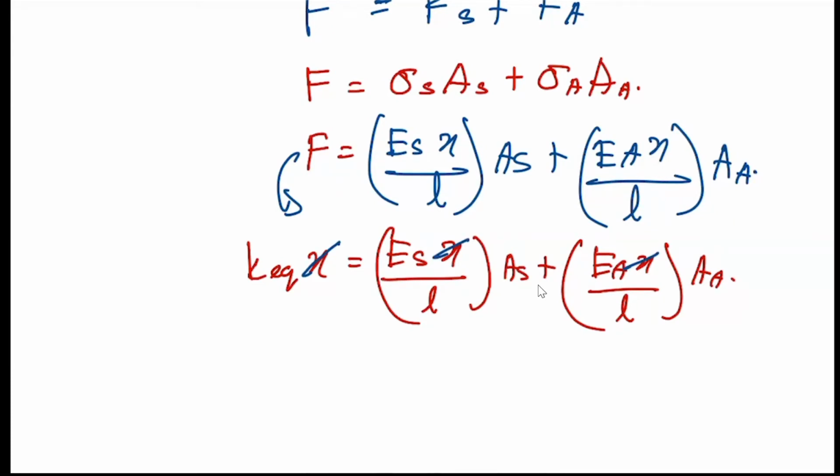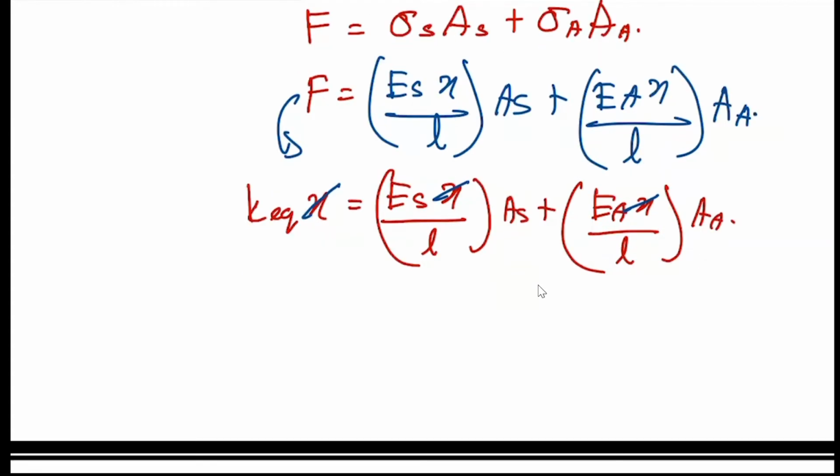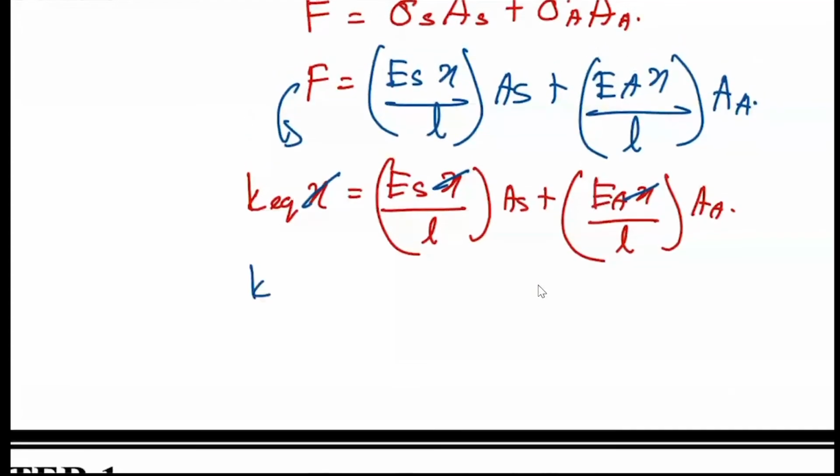So x, you can cancel them out. So you'll be left with this one particular formula here, which is equivalent K equals ES AS over L plus EA AA over L.